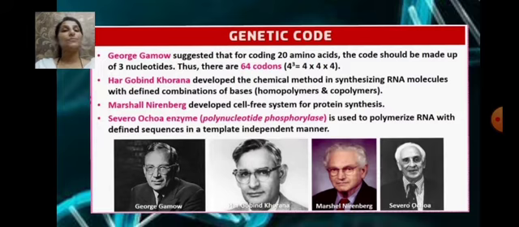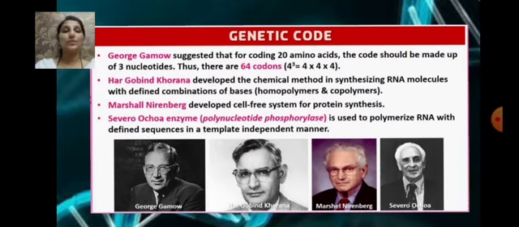The contribution by Hargobind Khorana was that he developed a chemical method for synthesizing RNA molecules with defined combinations of bases. And these combinations of bases were either copolymers or homopolymers.